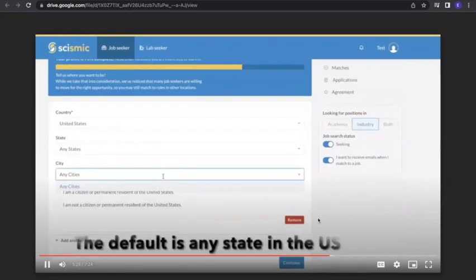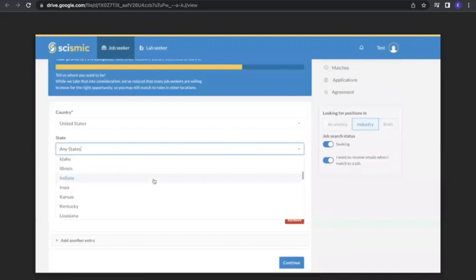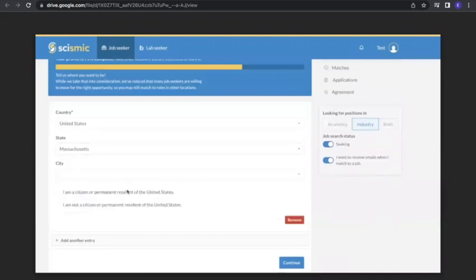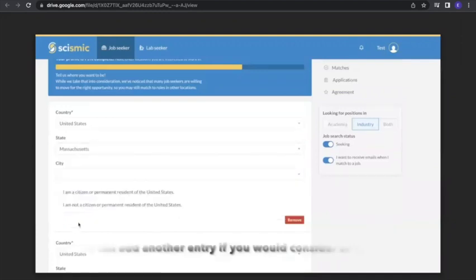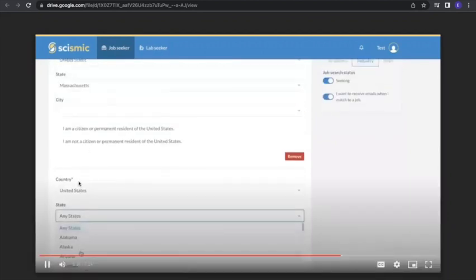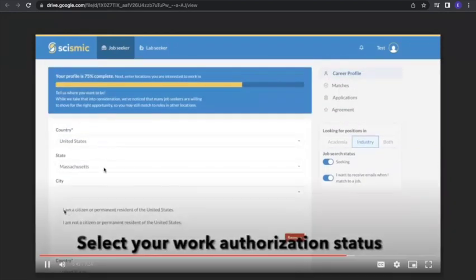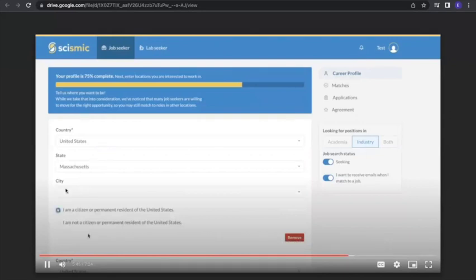You also want to be as open as possible to the roles that you would consider, because maybe you're primarily looking in Massachusetts, but say you would also consider a role in New York. You can add extra sections, or you can just leave it at essentially any country, any state, any city.